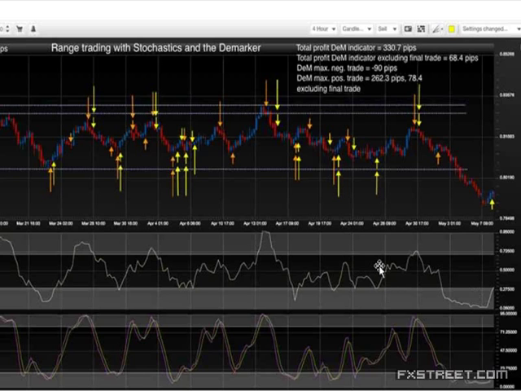So we can see the lower sensitivity that the Demarco has against the stochastics. If you look at the orange initiation trades of the stochastics, they're typically always before these yellow arrows of the Demarco. So it was a less sensitive indicator and much better trading during the range.